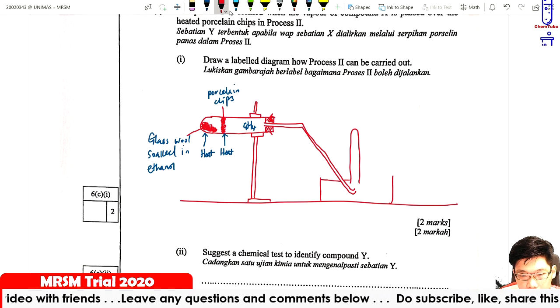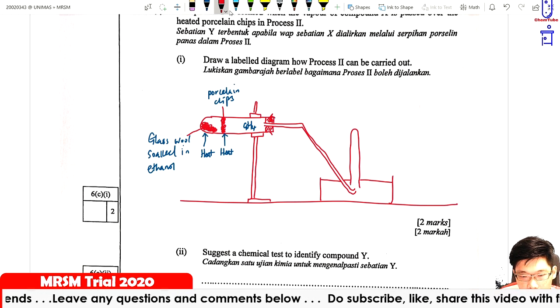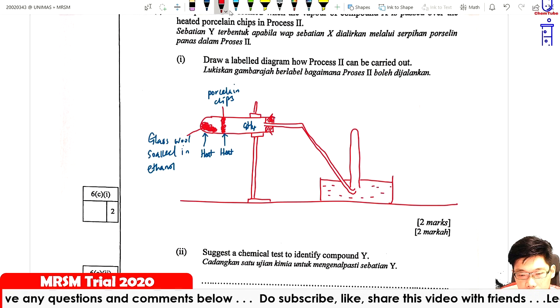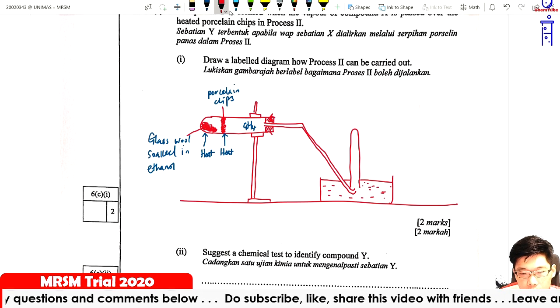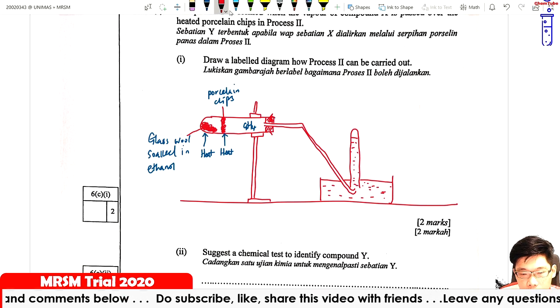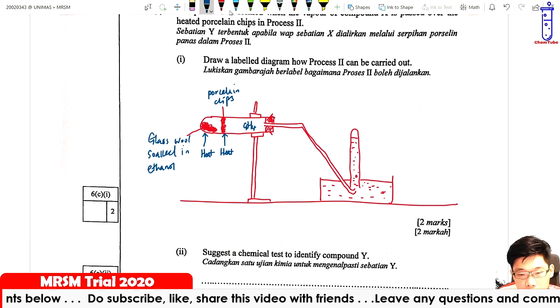Put it a bit lower. Okay, so this is the gas. So we will collect. Inside here is still water. So we collect the gas. Collect the ethene gas here.